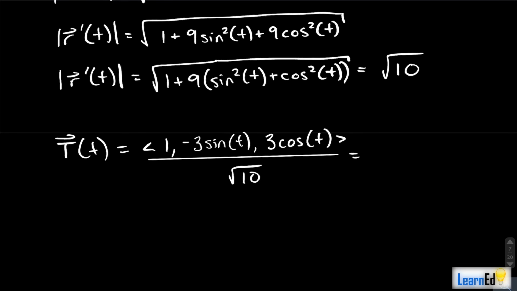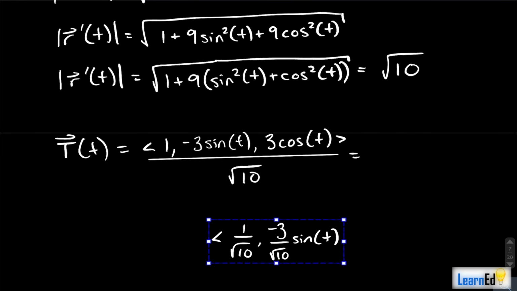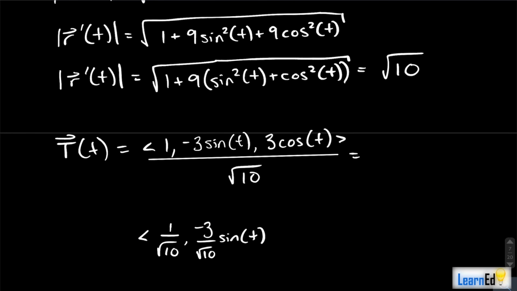And we get 1 over square root of 10, negative 3 over square root of 10 sine t. And since I don't have enough room, let's move this down here and finish down here, because this is going to be 3 over rad 10 cosine t.